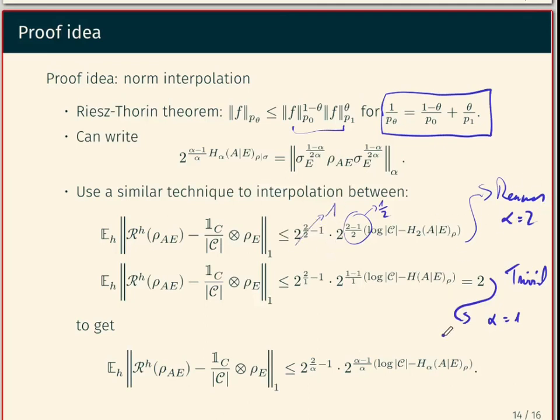So it's really the original Renner theorem, and here it is fairly easy to see that this is actually 0, so that this term doesn't exist at all, and this term here is 2, and this is trivial because of course the trace distance between two valid states is always going to be upper bounded by 2, and we basically used a norm interpolation technique to interpolate between the original proof of Renner and this trivial result that it's always upper bounded by 2 at the one norm. And in the end, the interpolated result is exactly our main result here.